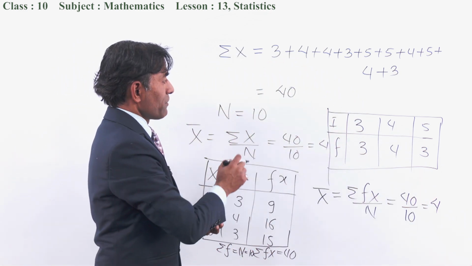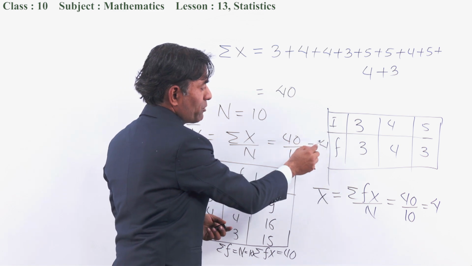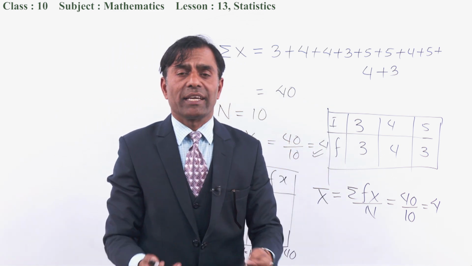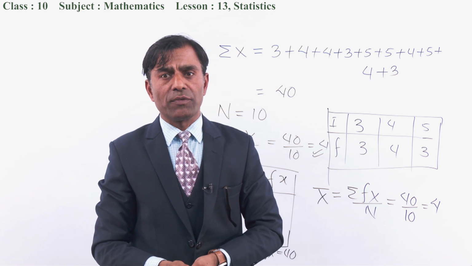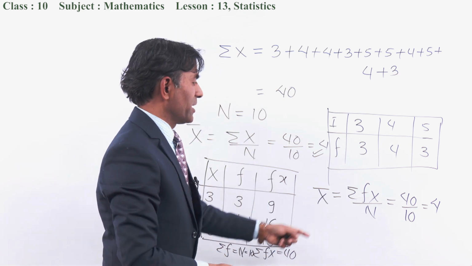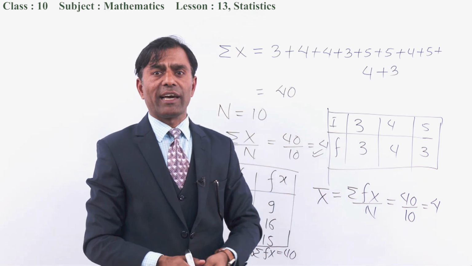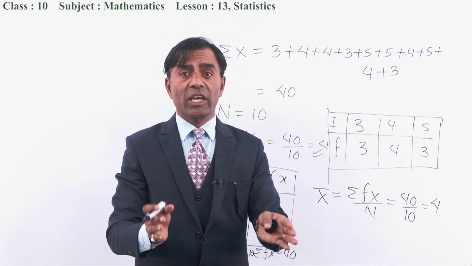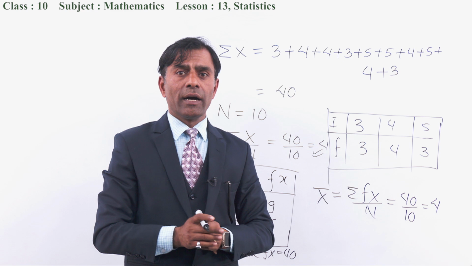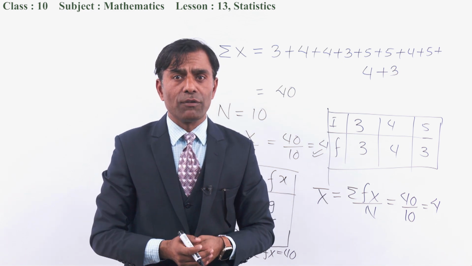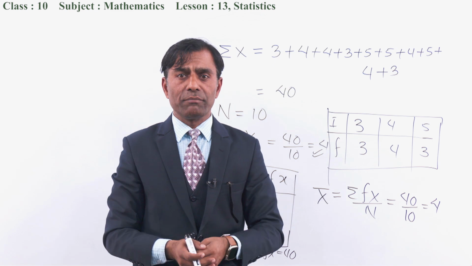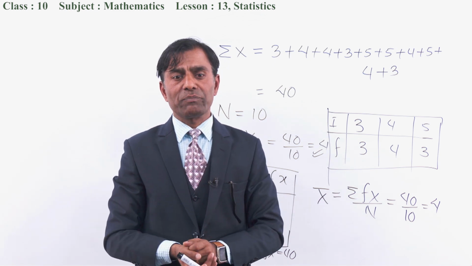So look, from the individual case, when you are doing the problem, mean is 4, and the same data we are converting into discrete form, group form, and then finding mean. Again this value is 4. So for the same data, whether from individual form or from discrete form, if we have to find mean, its result is the same, right?